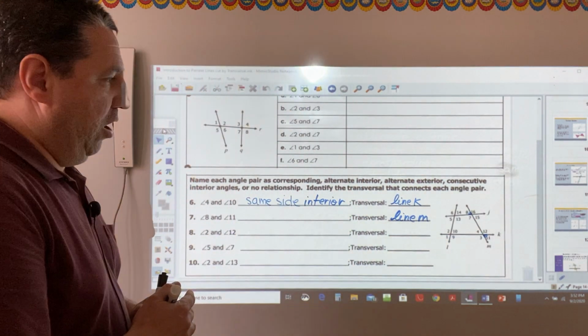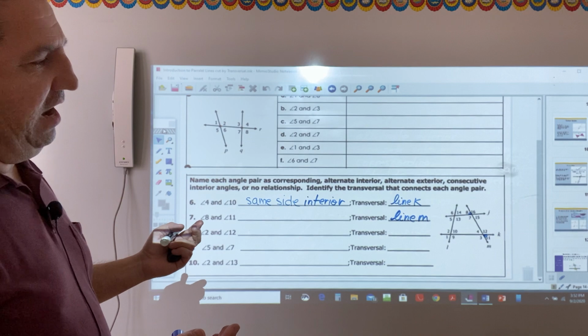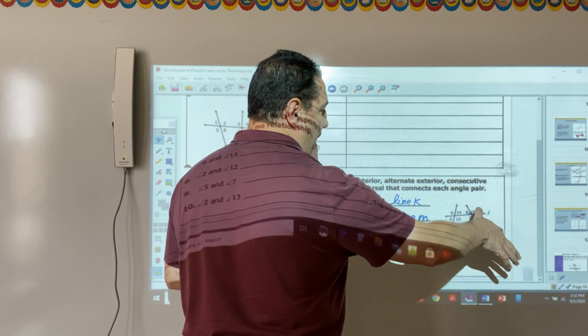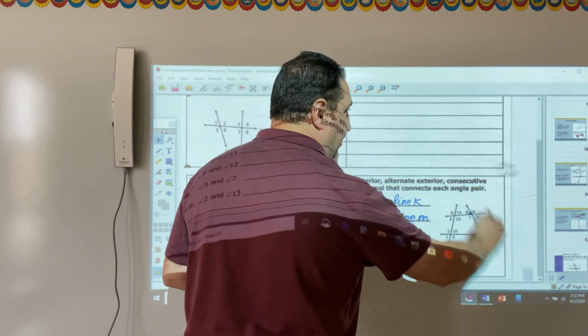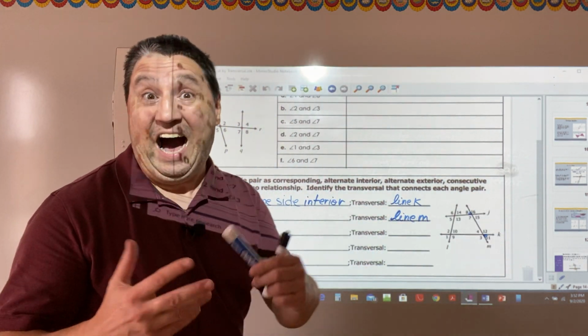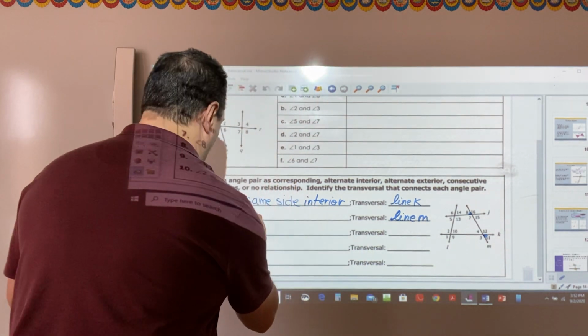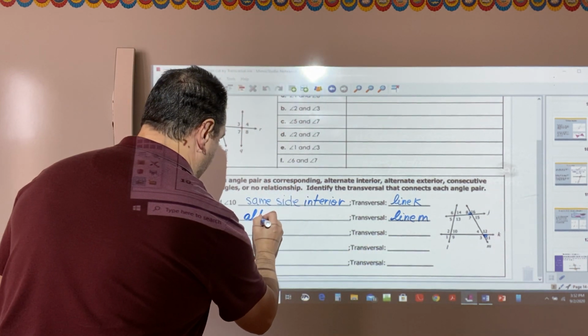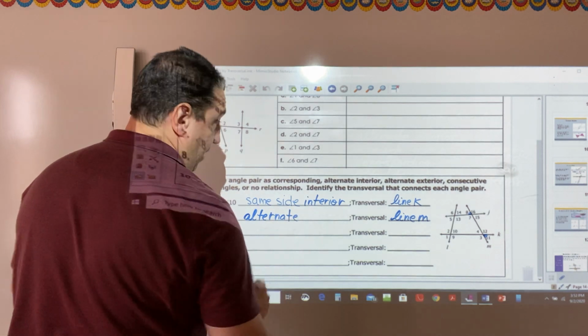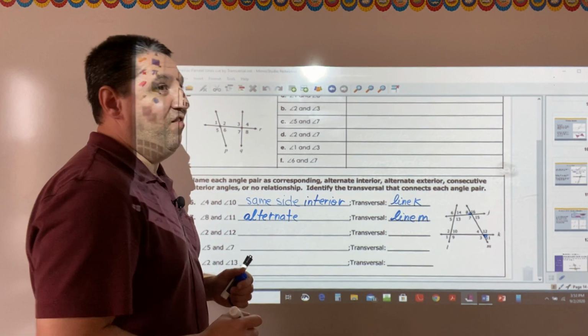Now, what about 8 and 11? 8 and 11 are on opposite sides of the transversal, which is line M. So they are alternate. But what kind of alternate?